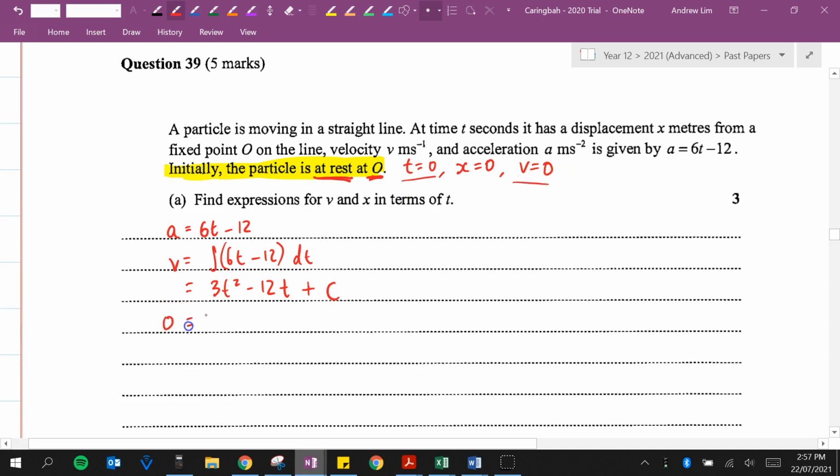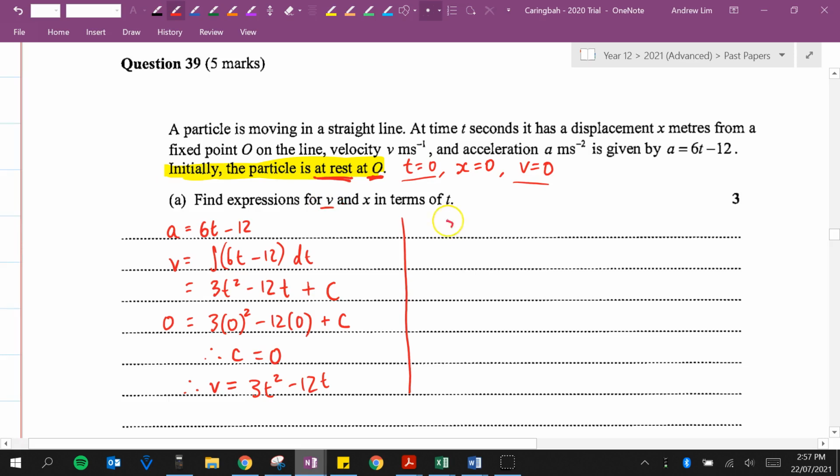So 0 is equal to 3 lots of 0 squared minus 12 lots of 0 plus c. And now we can confirm that c is equal to 0. So that means that the equation of the velocity has to be 3t squared minus 12t. Okay. We've done that first part. We've found the expression for v in terms of t.